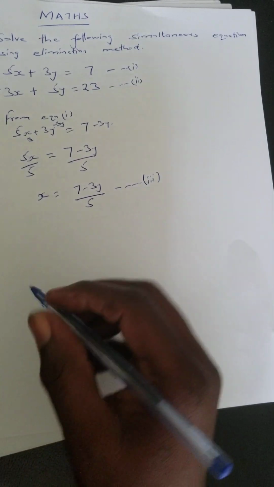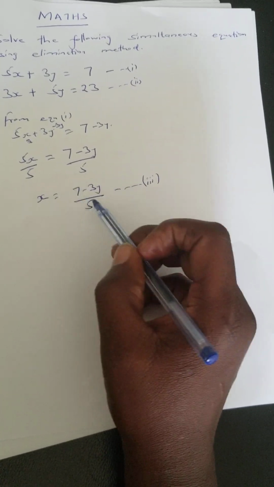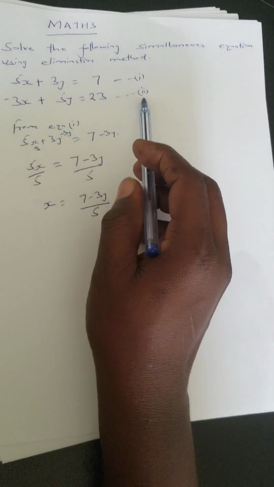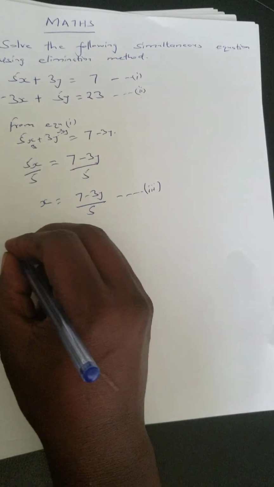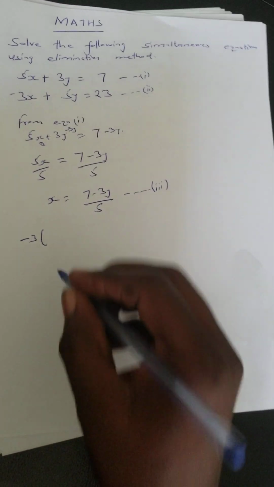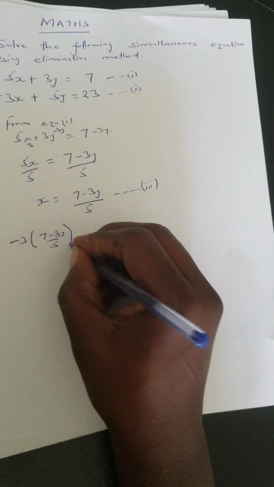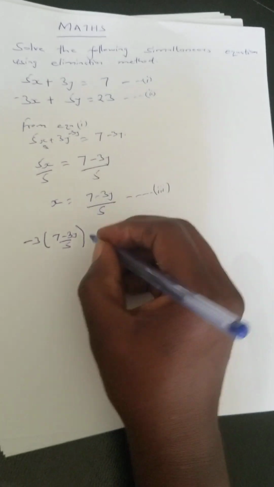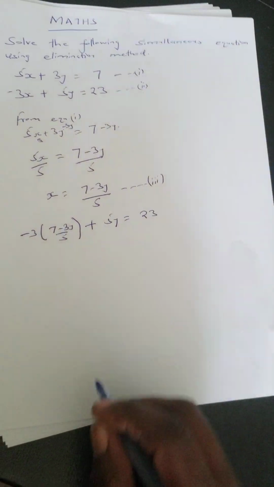Now, the next step will be to substitute the value of x into equation 2. From equation 3, substituting into equation 2, it will be negative 3 into bracket, the value of x, which is 7 minus 3y over 5, and then plus 5y is equal to 23.